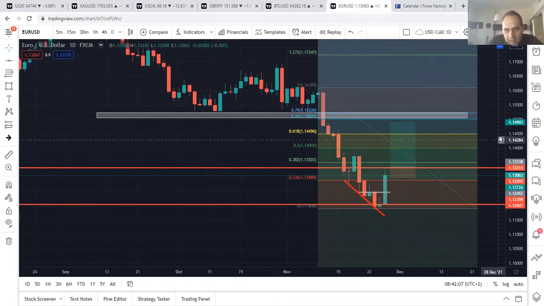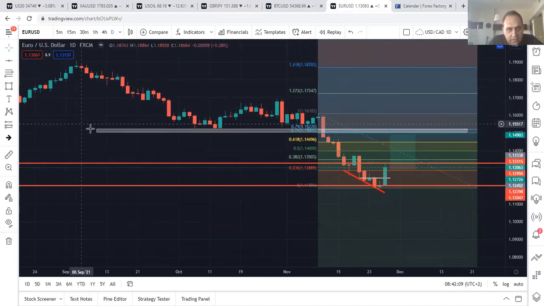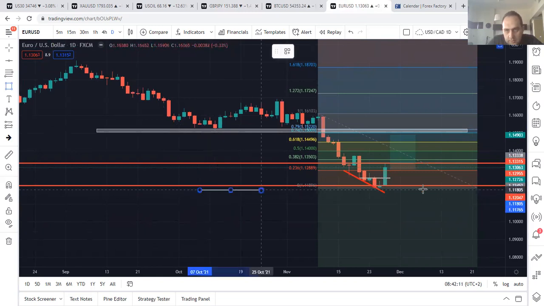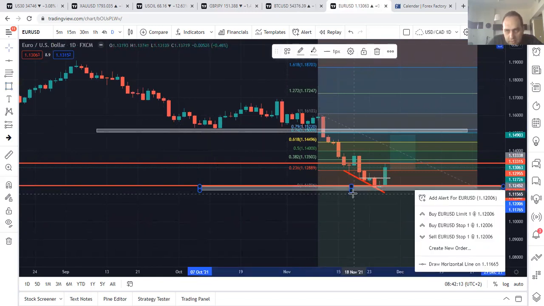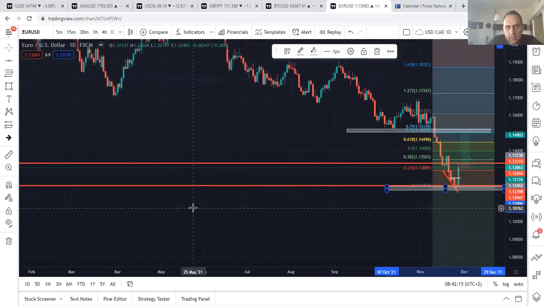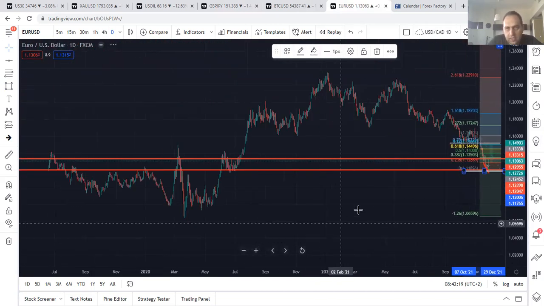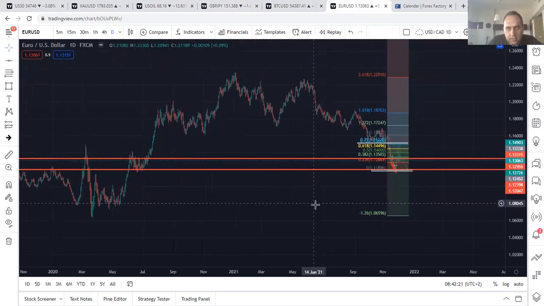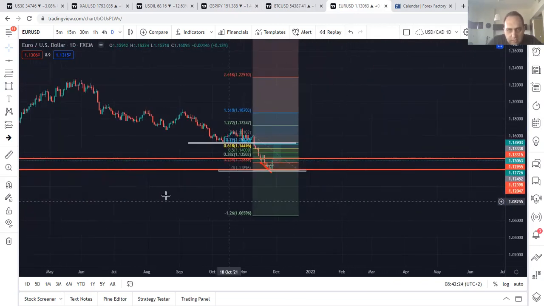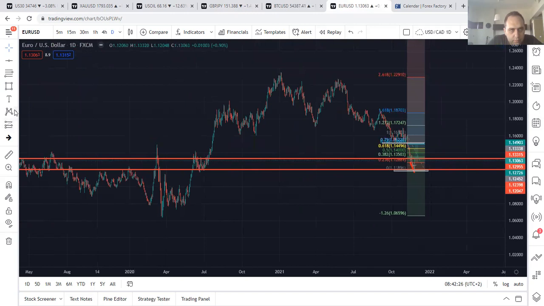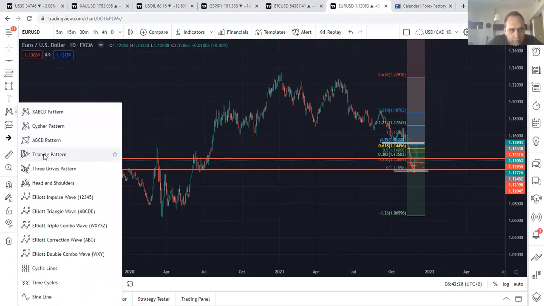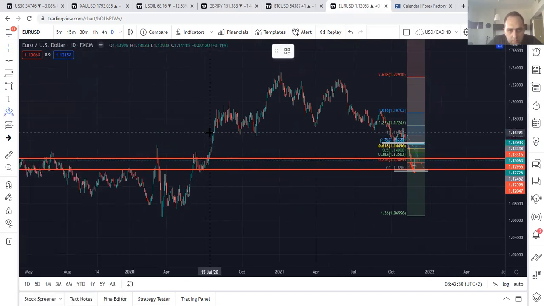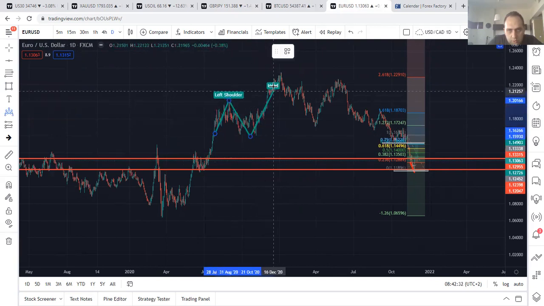As for the sell, if it resumes down, we have this level here. If it breaks this level, by the way, we are still in the daily head and shoulder. Don't forget, we have a daily head and shoulder. I deleted it, but we are still in it.